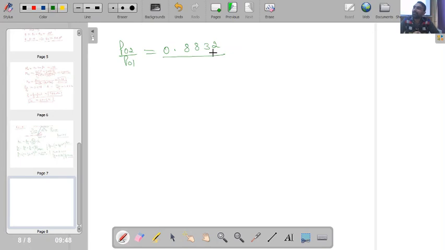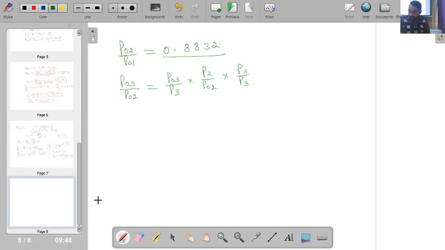Similarly, what we have to do? We have to calculate P naught 3 by P naught 2. So P naught 3 by P naught 2 will be P naught 3 by P3, times P2 by P naught 2, multiplied with P3 by P2. Fine.